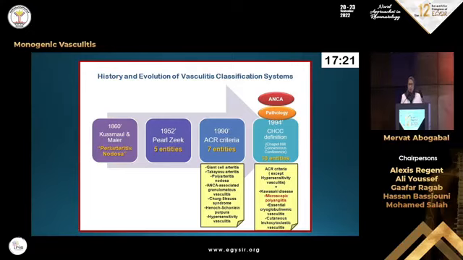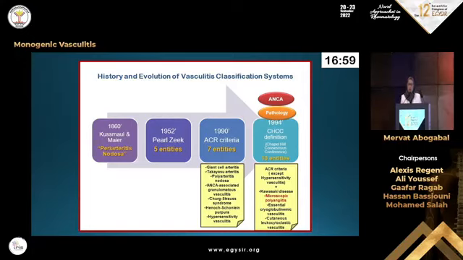This Chapel Hill classification included 10 entities of vasculitis, which were the previous ACR classification of vasculitis, minus hypersensitivity vasculitis, but plus Kawasaki disease, microscopic polyangiitis, essential cryoglobulinemic vasculitis, and cutaneous leukocytoclastic vasculitis.